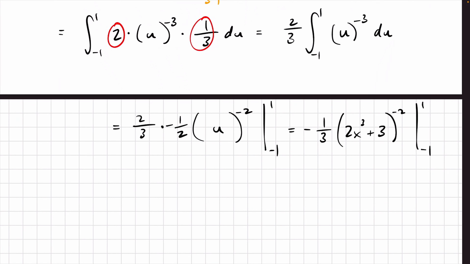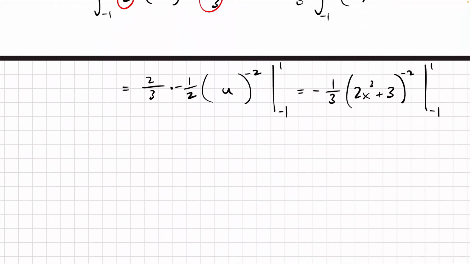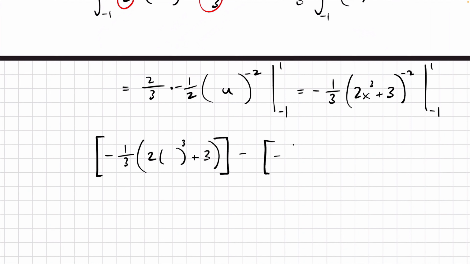Plug them in for x. There's only one place to plug them in. So here we go. I always use brackets for each just to keep them separate. So I get negative 1/3, parentheses, 2x cubed plus 3, close brackets. I'm going to have the same exact thing, just plugging in a different number on the other side.